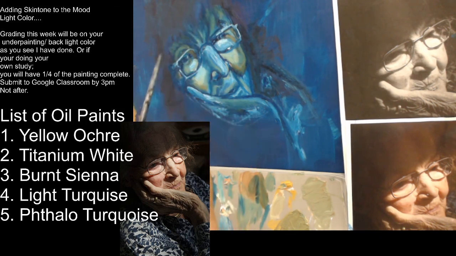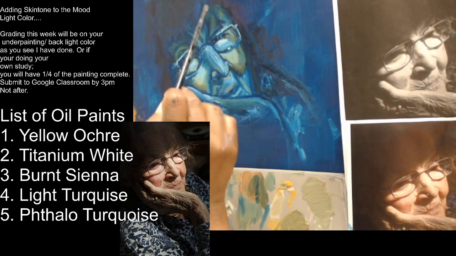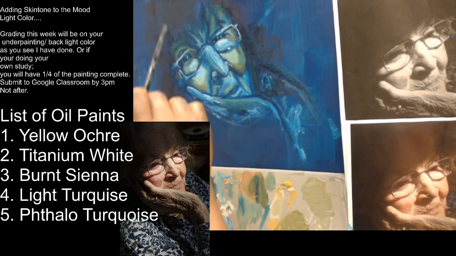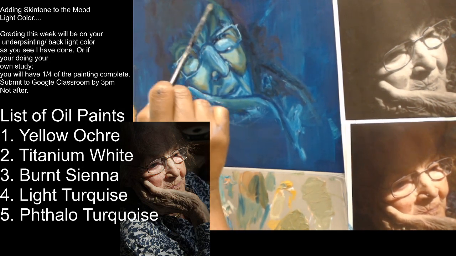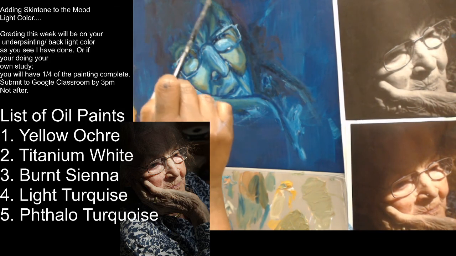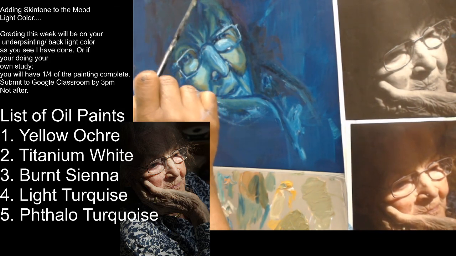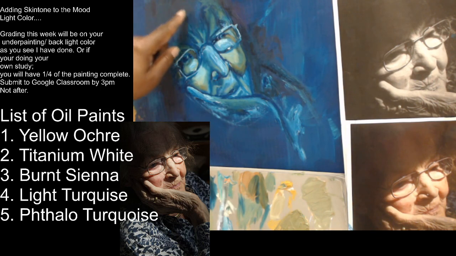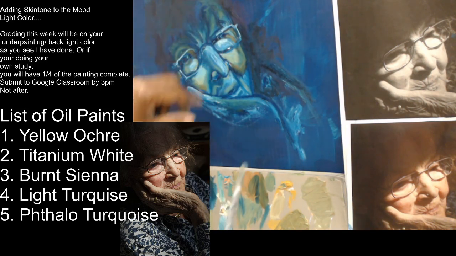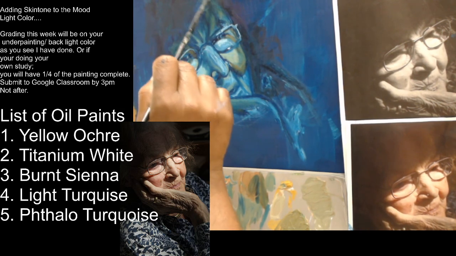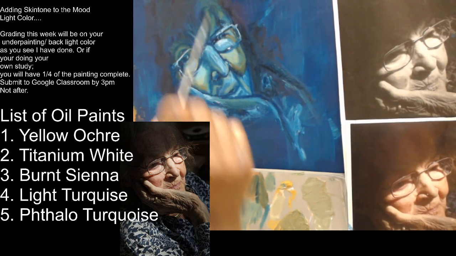Okay, and notice how I just softened up the shadow of her forehead. I still gave the impression that she has the rest of her head here, just by putting a little bit of that darker brown skin tone mixed with that blue, just a little bit.